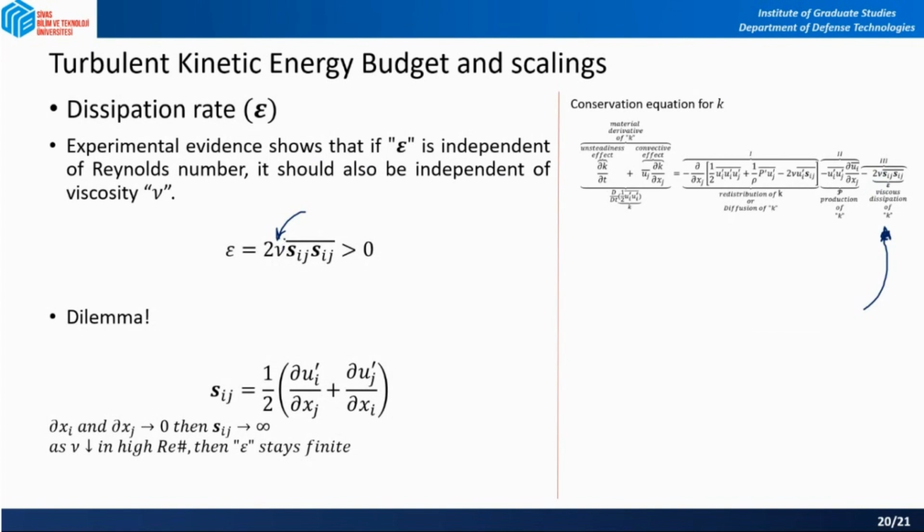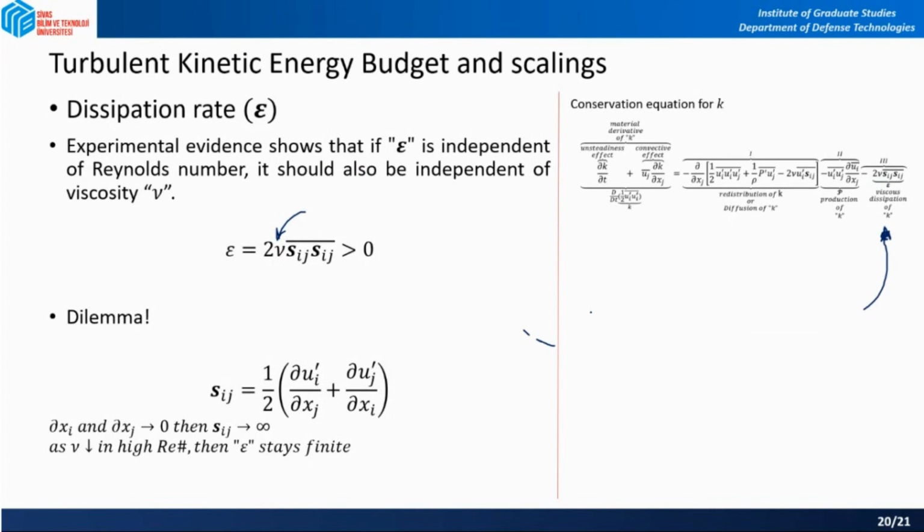So this is what we call a dilemma. It's an argument presenting two or more equally conclusive alternatives against an opponent. So in the experiments, we observed the independence of epsilon from Reynolds number, but theory says it shouldn't be independent of Reynolds number.